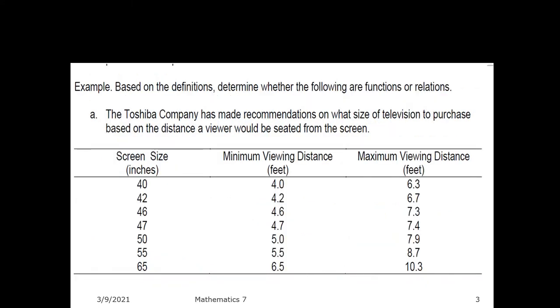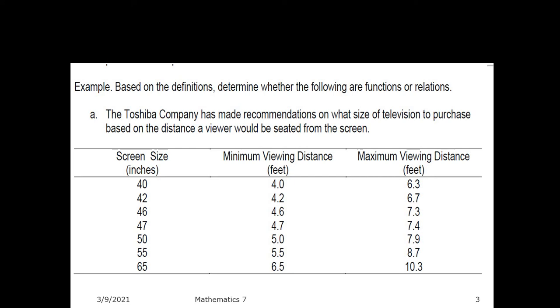Next, based on the definitions, determine whether the following are functions or relations. We recall that a relation is just a pair of the input and the output, or the domain and the range.